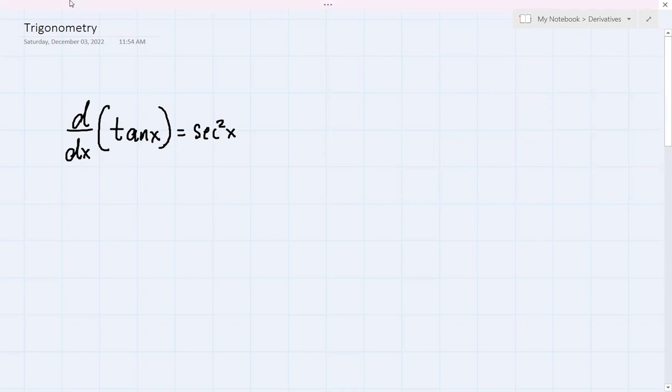The next thing is yung derivative ng tangent x. So, eto naman tayo. The derivative of tangent x is the square of secant x. Okay? Ang derivative ng tangent x ay the square of secant x or secant squared x. So, let's have some examples. Okay?